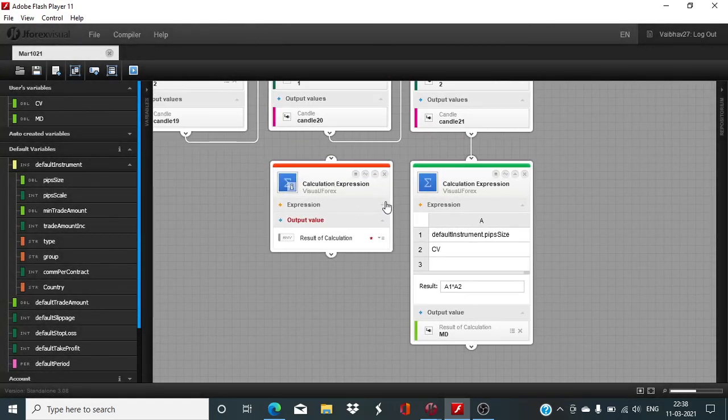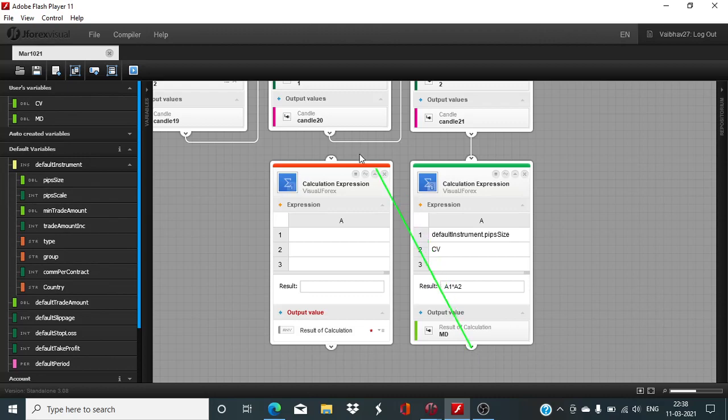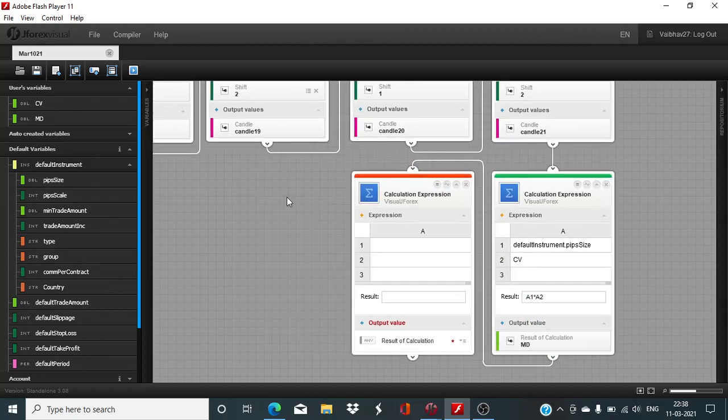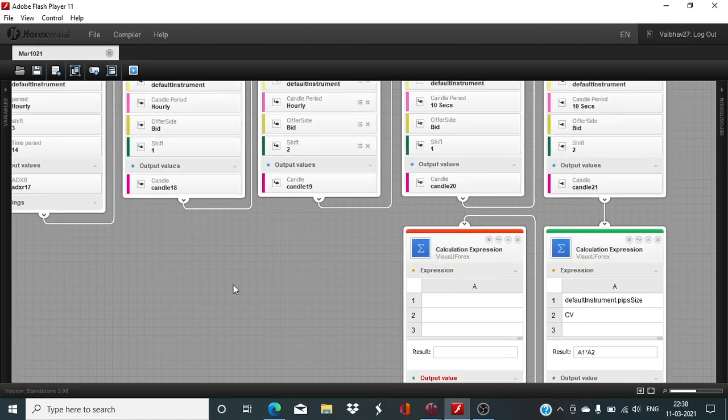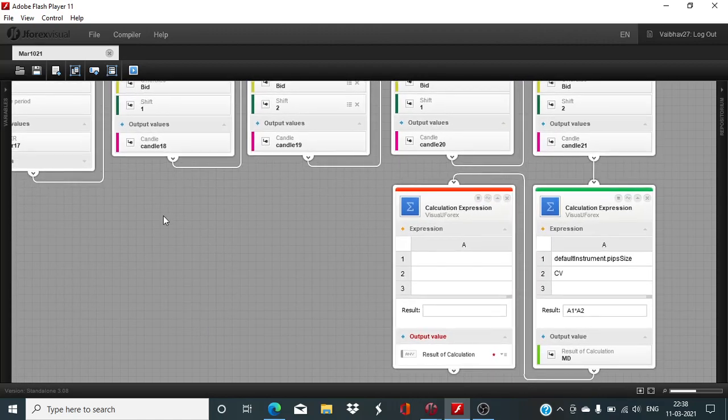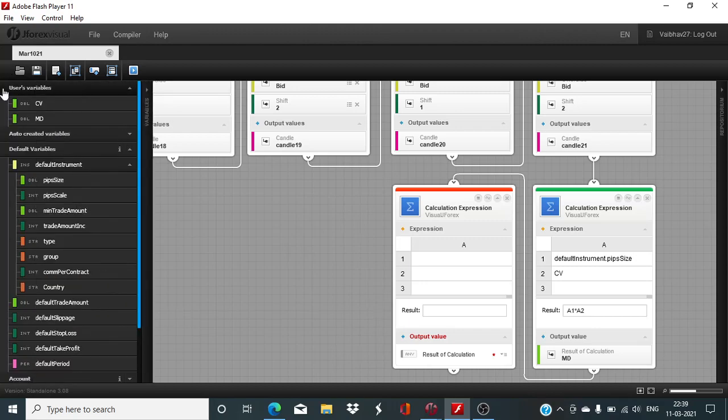And then of course we have to also see the actual price difference. For that we will have to take candle 18's closing and opening value, and since we are working on the buy side, its closing should be above the opening price, so we will deduct the opening price from the closing price to arrive at the actual pip difference.